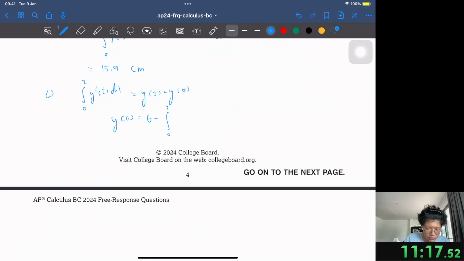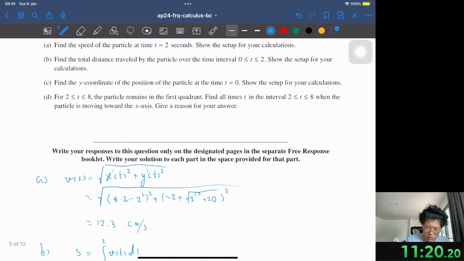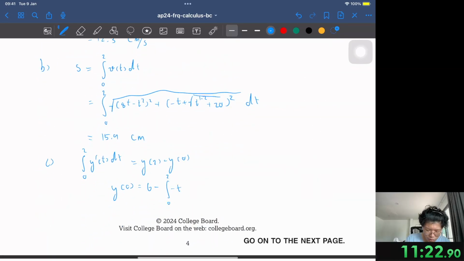Y prime of t is minus t plus the square root of t to the 1.2 plus 20, dt. Use the calculator, and that is minus 1.2 centimeters.